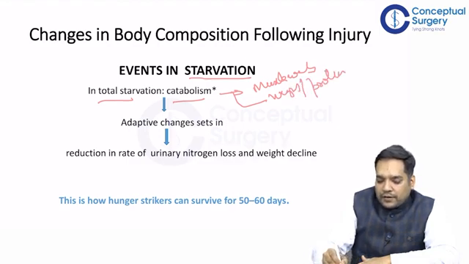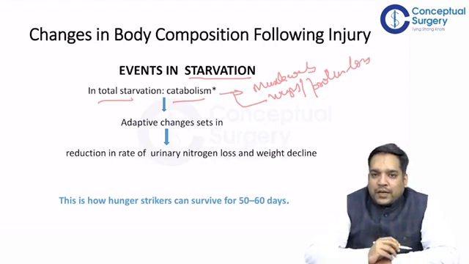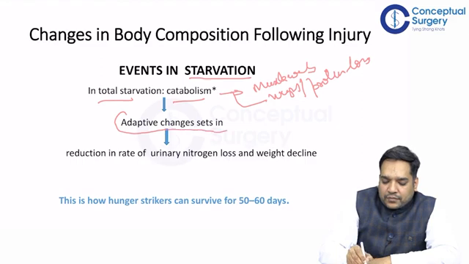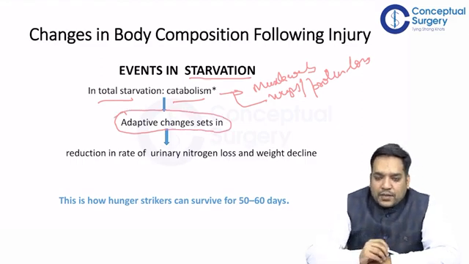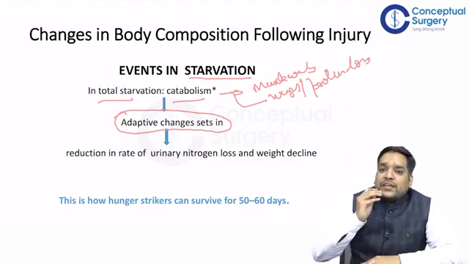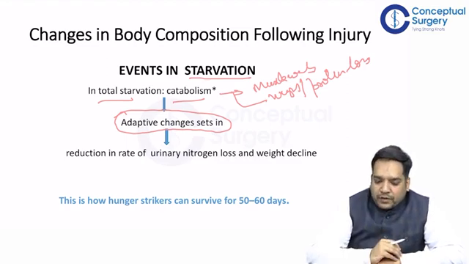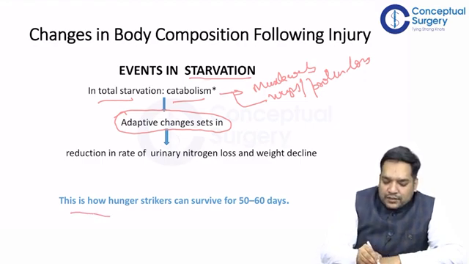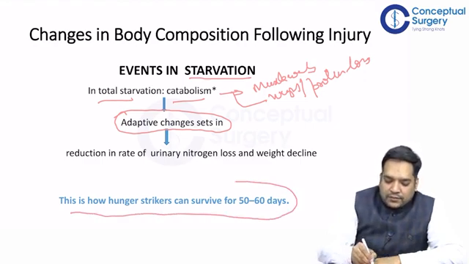It is important to know that in starvation, adaptive changes set in. They decrease the rate of protein loss, and they also decrease the rate of weight loss. This is how a hunger striker can survive for 50 to 60 days.